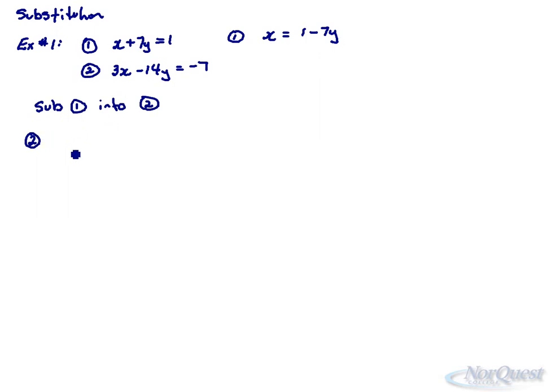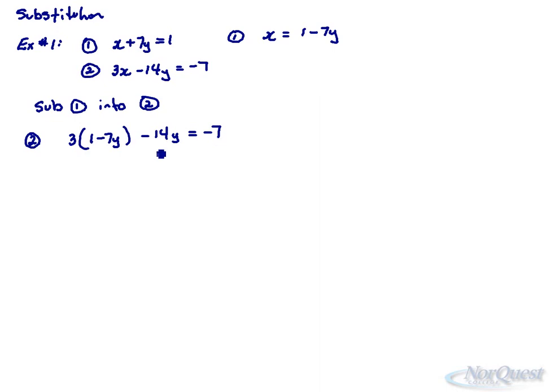Instead of writing x, I'm going to write 1 minus 7y, minus 14y equal to negative 7. Notice when you look at equation 2, there's only one variable there. That's something we've just finished working on, solving equations with one variable. I'll expand, I'll collect like terms, but I can solve that for y.